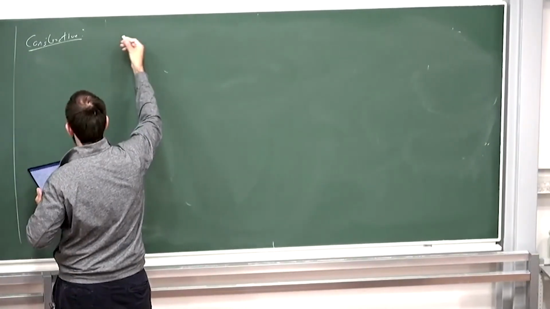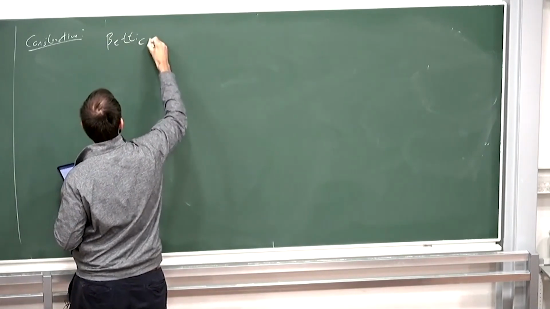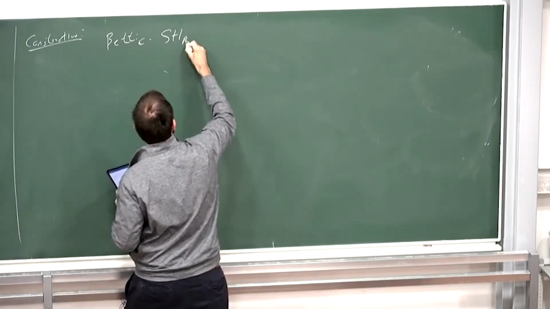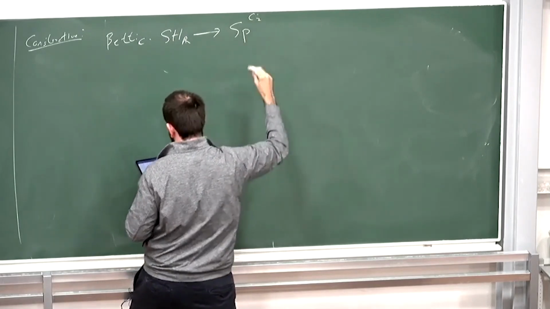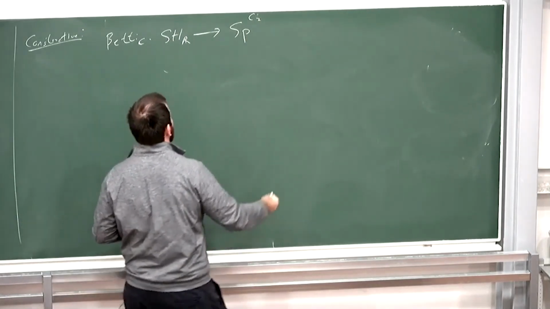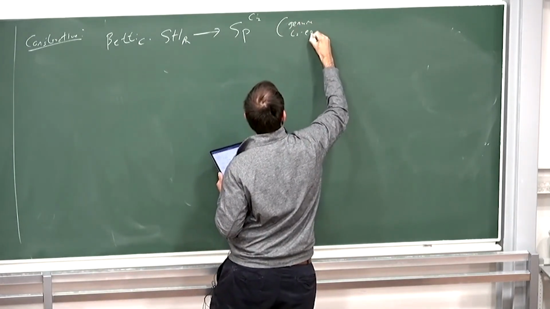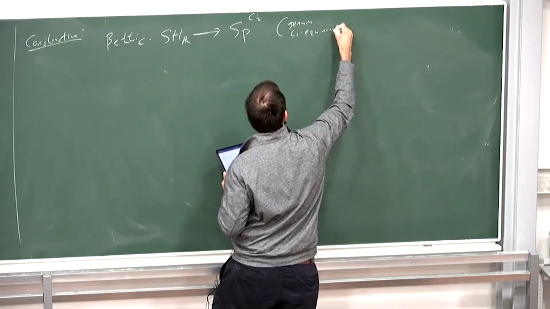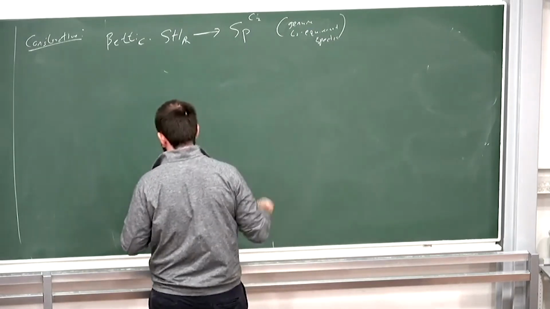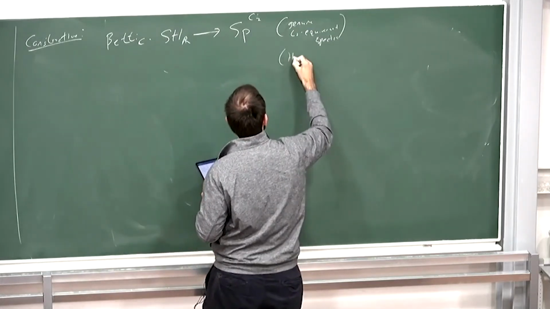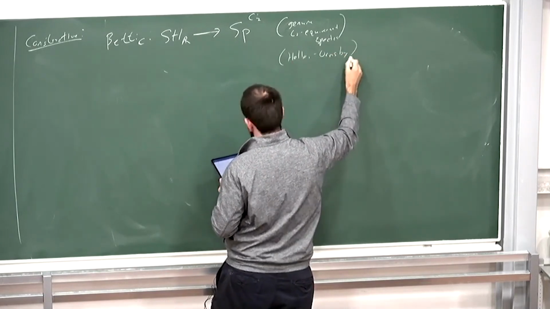We work over SH(R), then we still have this Betti realization. But now this lands in genuine C2 equivariant spectra. I believe this was studied by Heller and Ormsby.